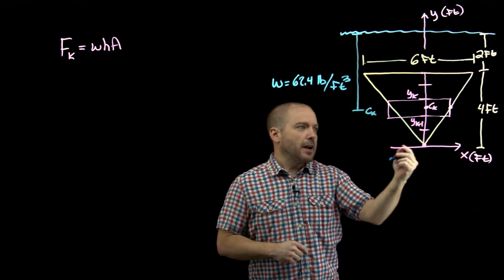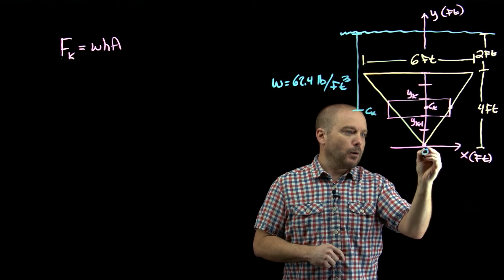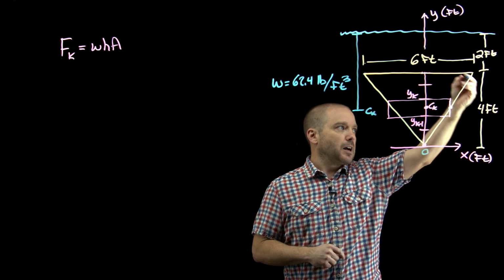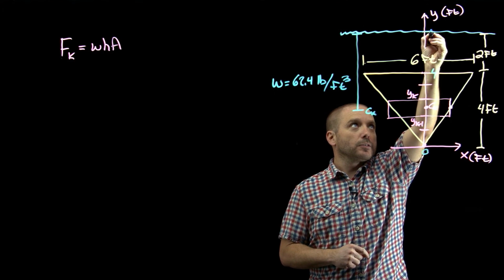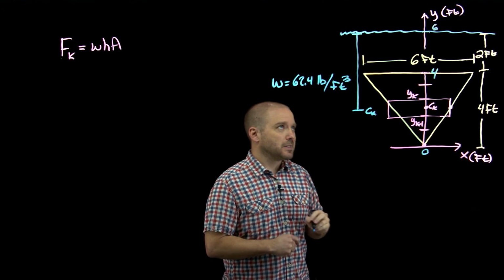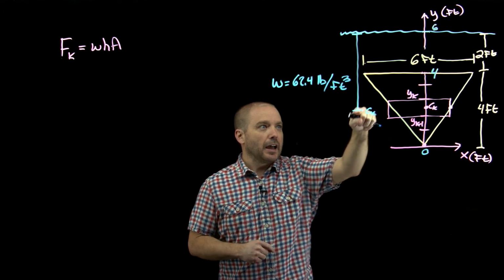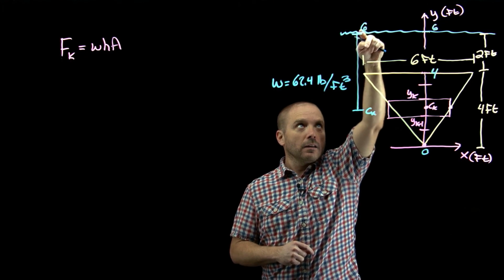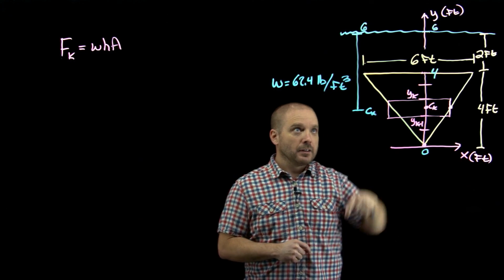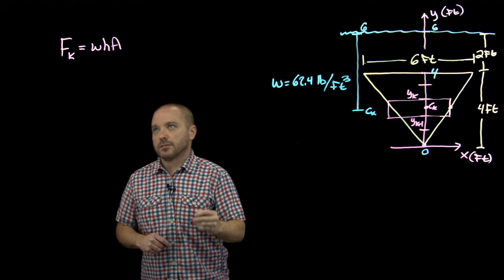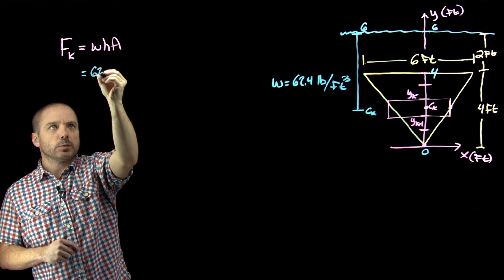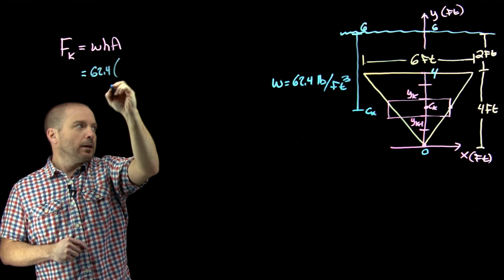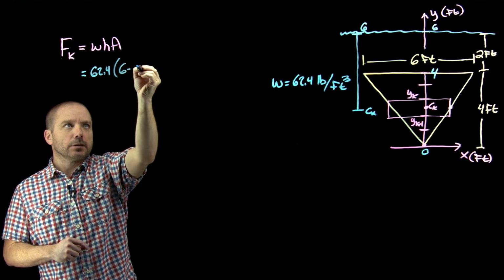Well, let's look at our axis here. This is 0, c sub k. The top here was at 4. There's another 2 feet to the surface, so that's 6. So we're looking at c sub k up to 6. How far is that distance? So just the difference. So we got our weight density, which is 62.4, and our depth, which was 6 minus c sub k.